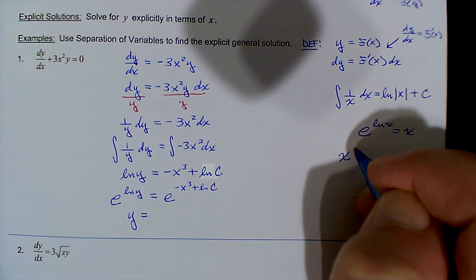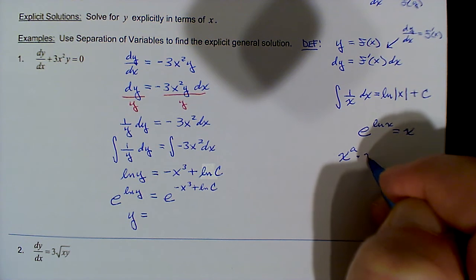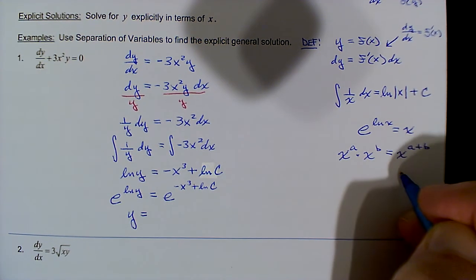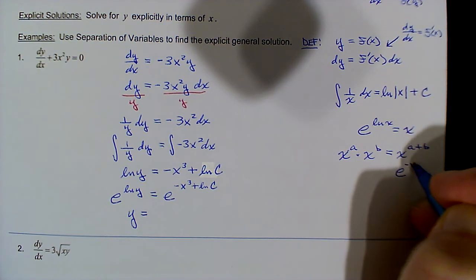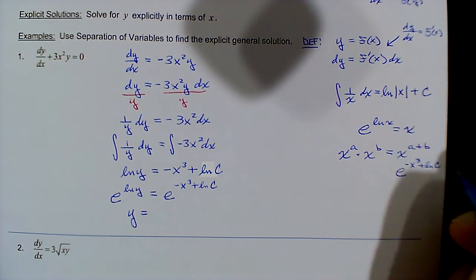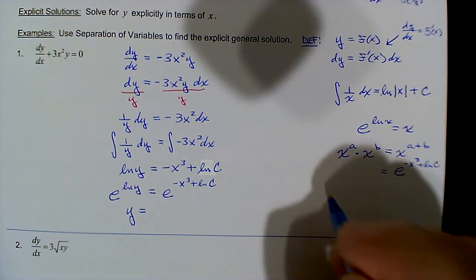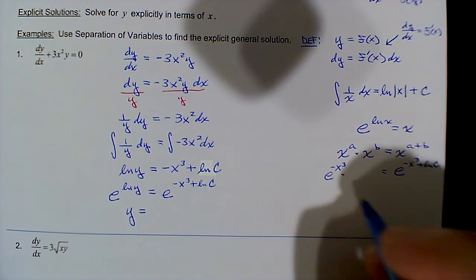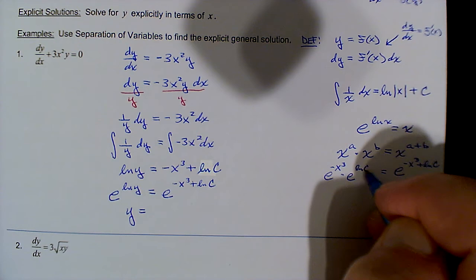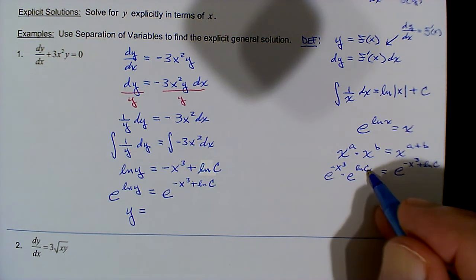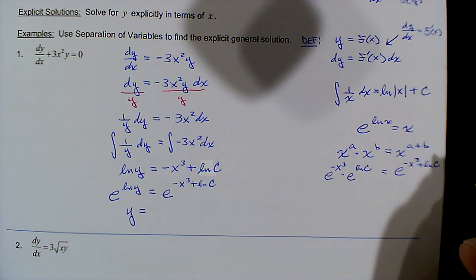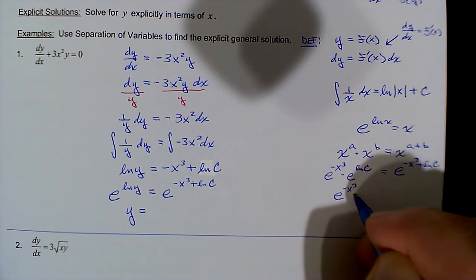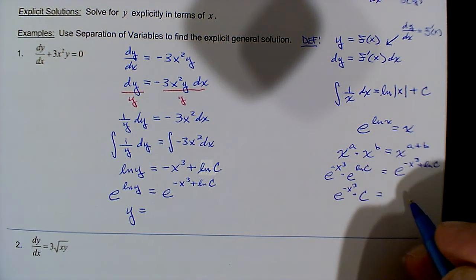So if I treat e to the negative x cubed plus the natural log of c in reverse, I would have e to the negative x cubed times e to the natural log of c. But e to the natural log of c is just simply c, and so this becomes e to the negative x cubed times c, which we could just simply write as c e to the negative x cubed.